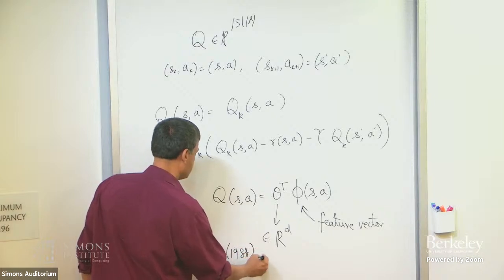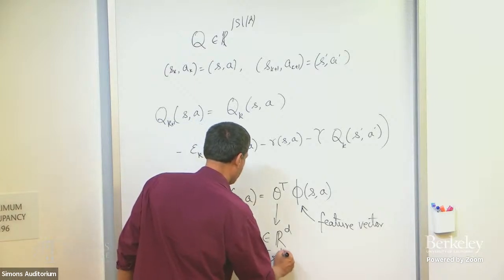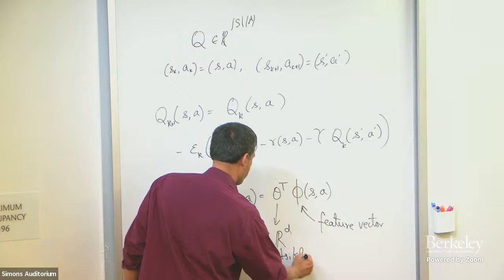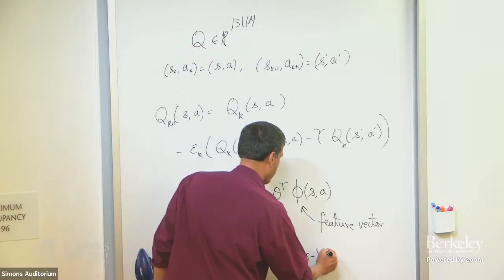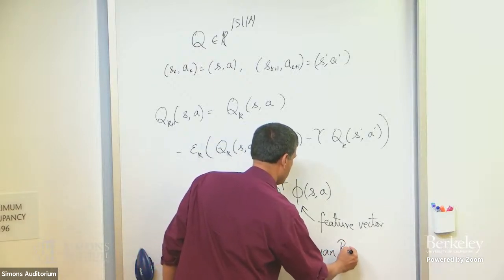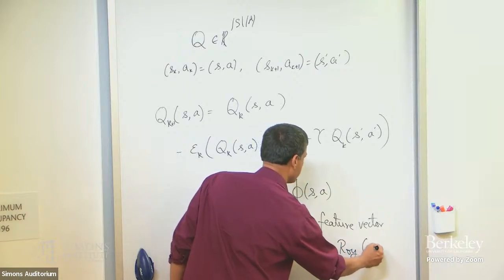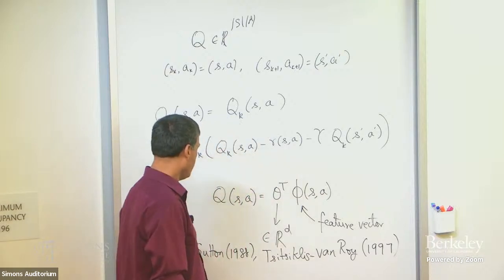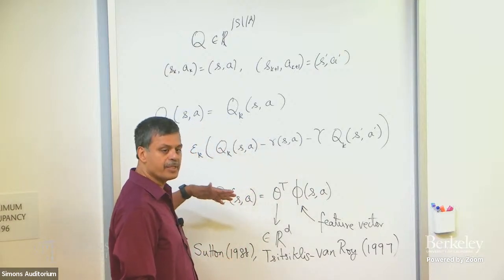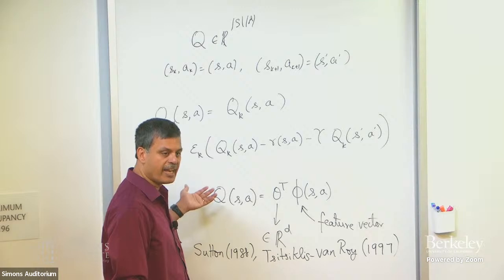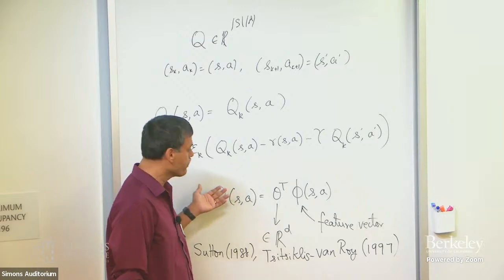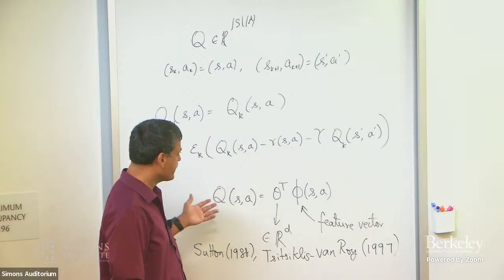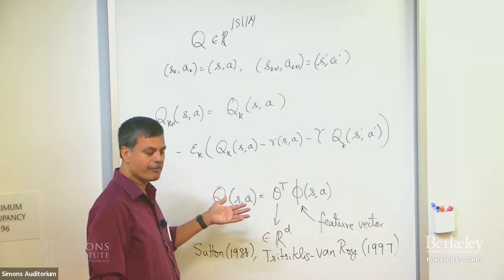Sutton proposed an algorithm for this problem in 1988, and Tsitsiklis and Van Roy proved that the algorithm converges in 1997 or 98, I can't remember. Using the techniques that we learned this morning, you can get finite time performance bounds. Some people were asking what the frontier of research is here.